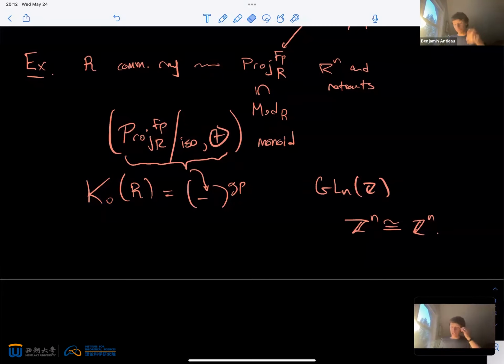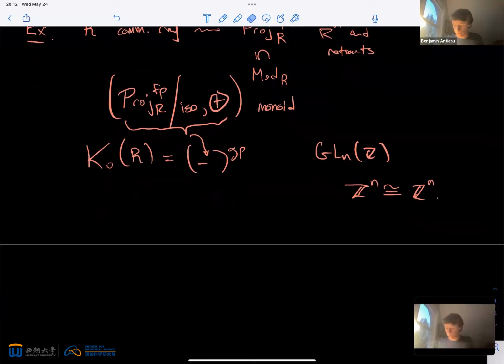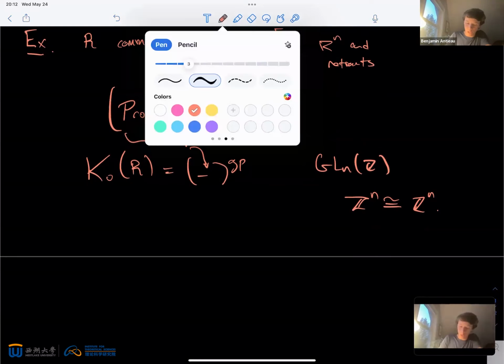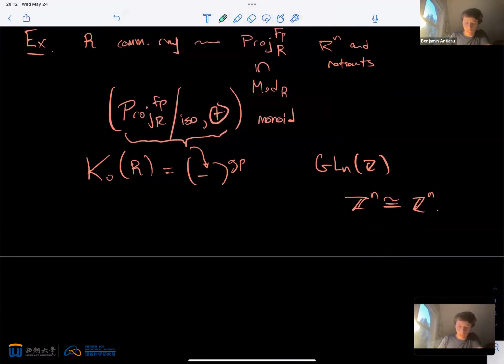And so here's what we do. Instead of this brutal procedure where we quotient out by all of the isomorphisms to get a set, what I'm going to do is look at proj R, finitely presented.